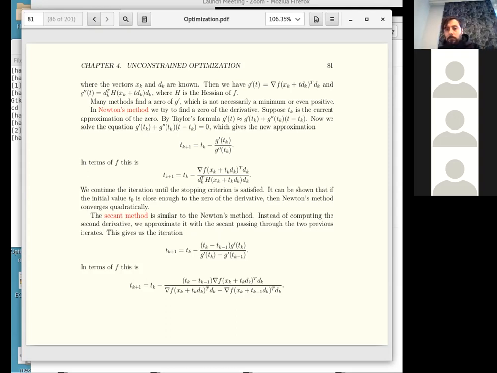And now we want to determine what this h is really.